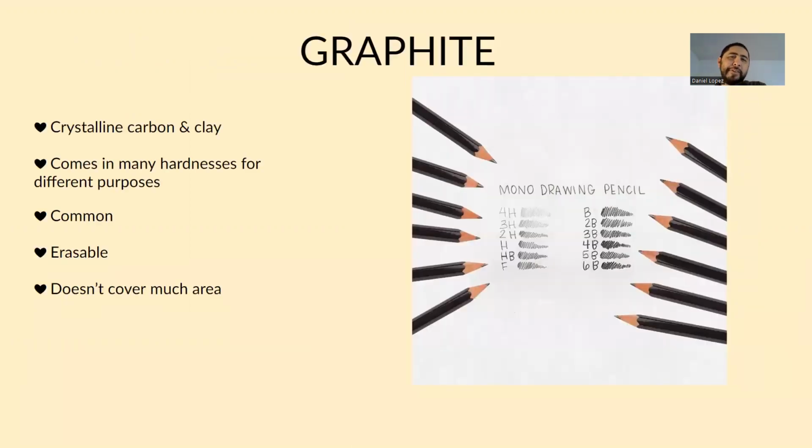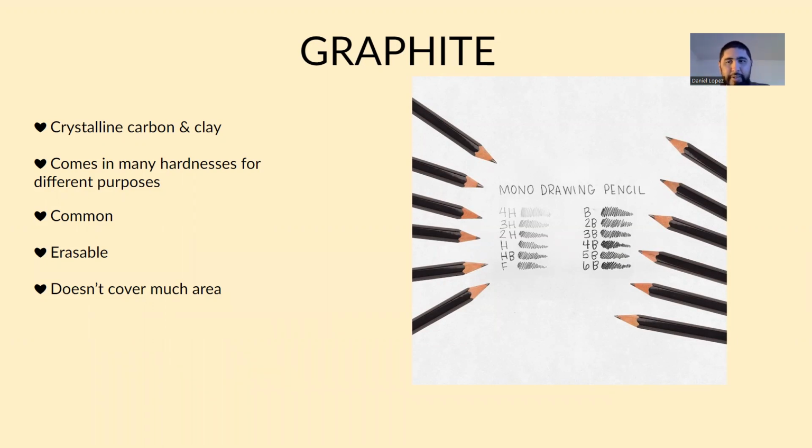Graphite, the thing we all know and love. Well, I don't know if you love it. But this is just crystalline carbon and clay. As this picture demonstrates, there's a lot of different hardnesses that go into drawing. If you haven't used these kinds of drawing pencils, you'll see it goes from 4H to 6B here.